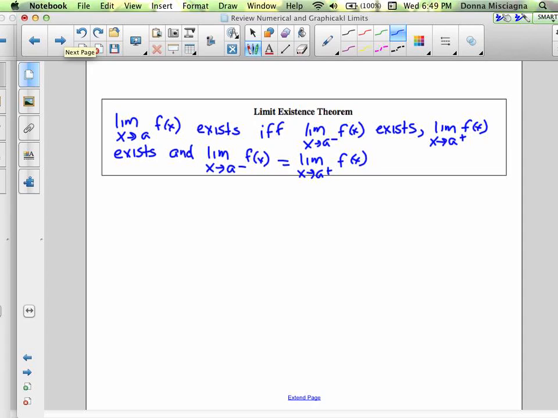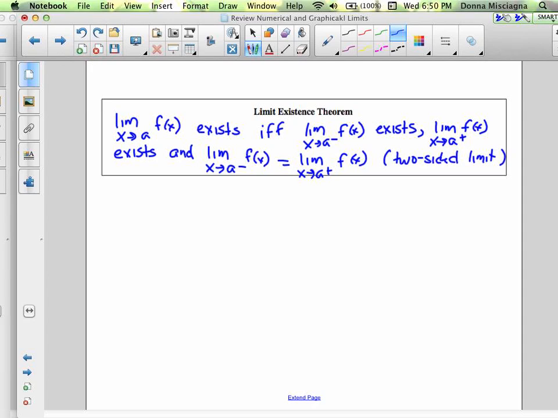Right? And this is for the two-sided limit. We can have one-sided limits, right? And we saw that in two different cases when we're approaching infinity and when we're approaching negative infinity. Those are always going to be one-sided limits.